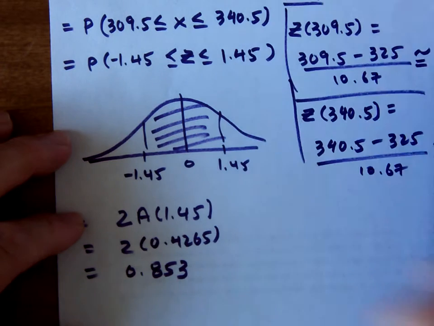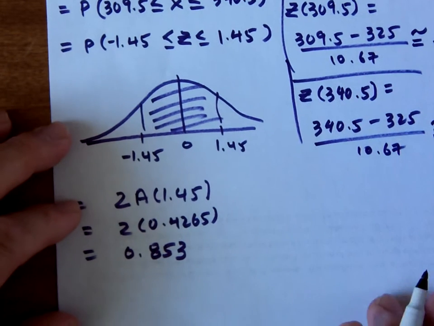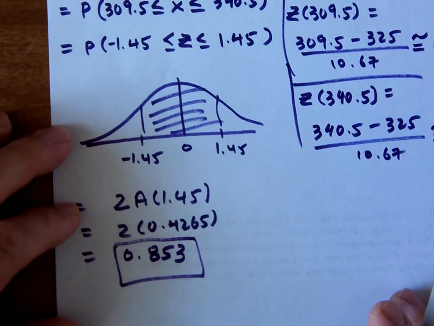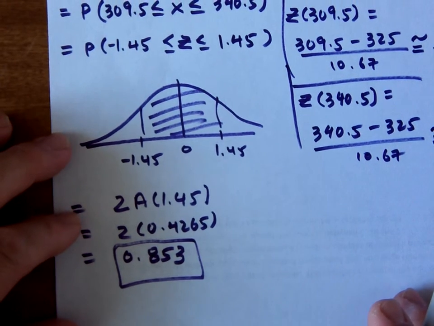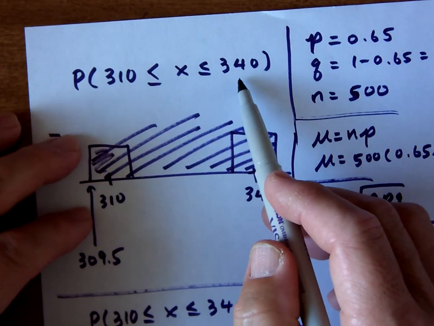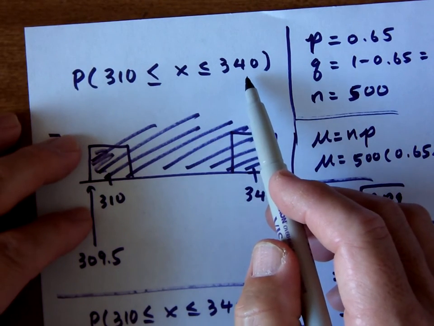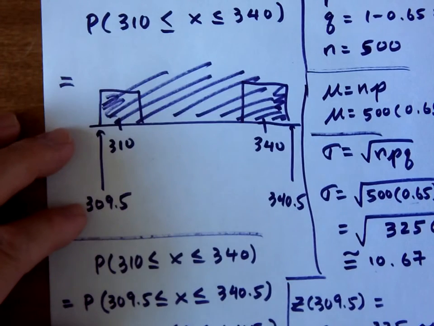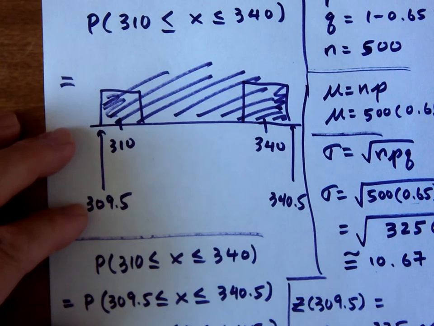So what this result is saying is that there is about an 85.3% chance that between 310 and 340 out of 500 of those Arctic terns will be found to have those bands or tags.